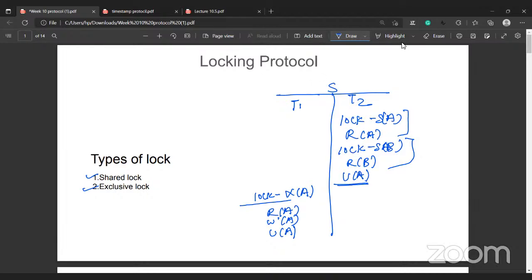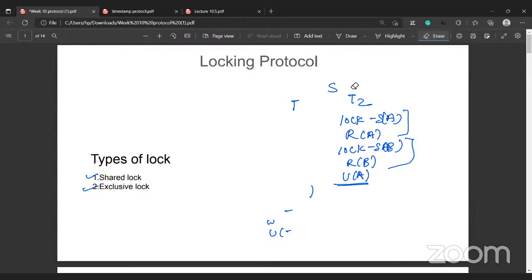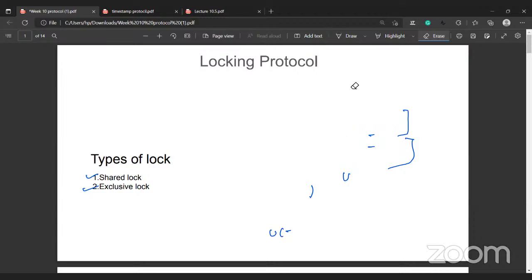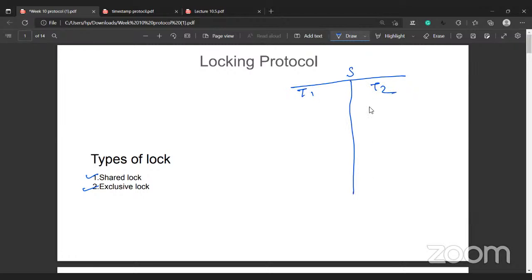Let's take another example. Suppose there is a schedule and transaction T1 and transaction T2, right?